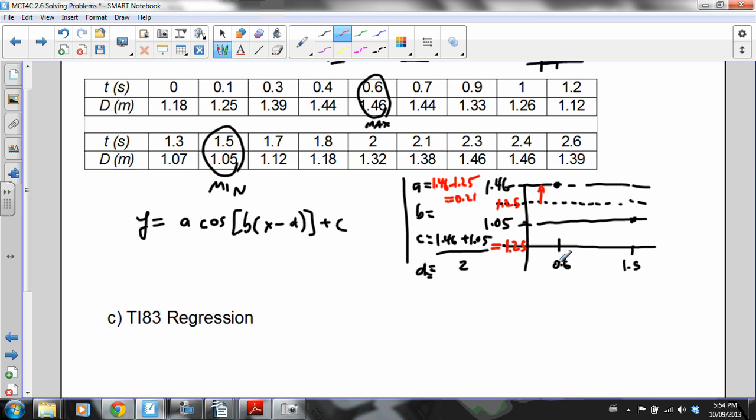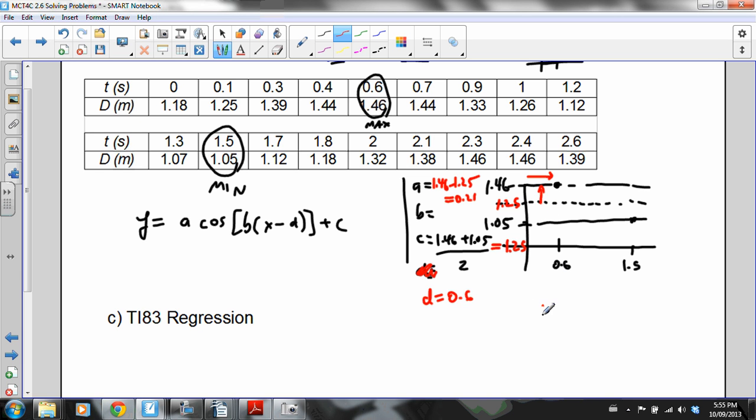The D value is the phase shift. I've moved it that much to the right, right? Because the cosine starts at its maximum. The D value here is just 0.6. Easy this way, right? There's the maximum. It's a cos graph. That's the shift.